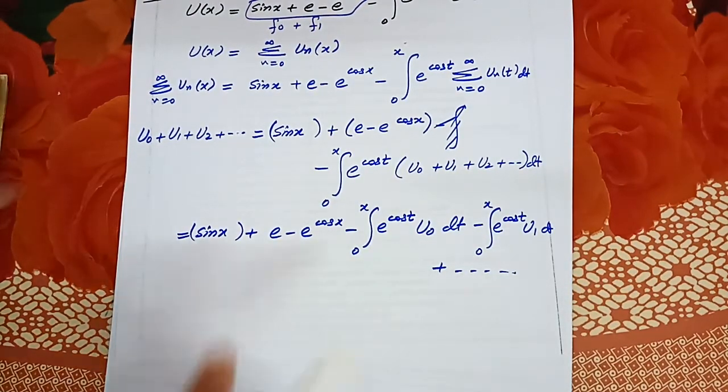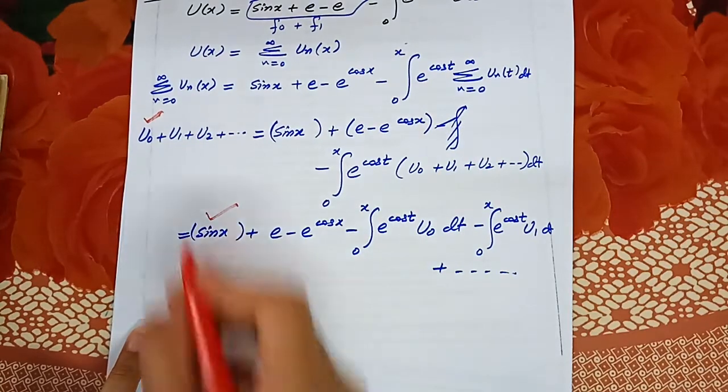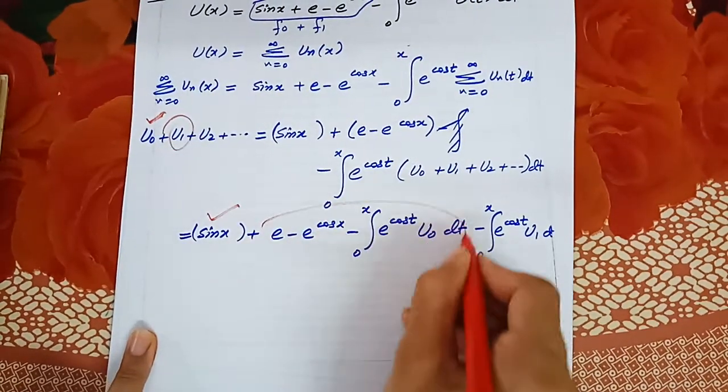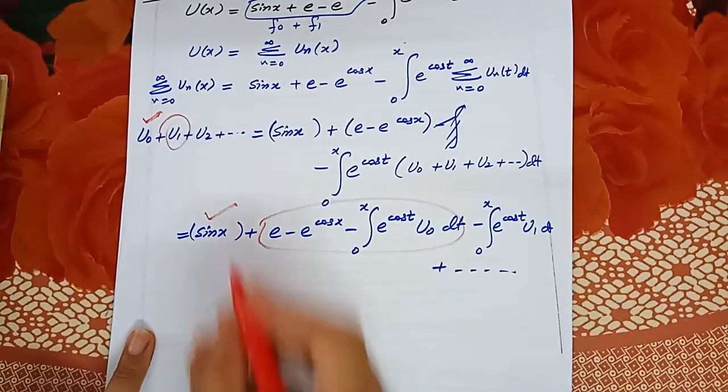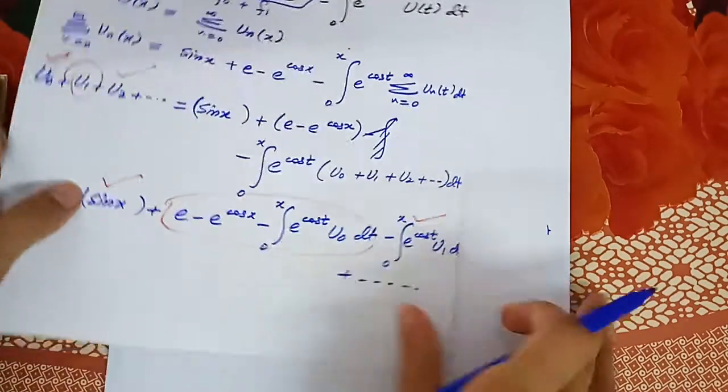Now I can compare my left hand side with the right hand side. The first term will be equal to the first term, the second term will be equal to the second term, and the third term will be equal to the third term and so on. So let's write them together.